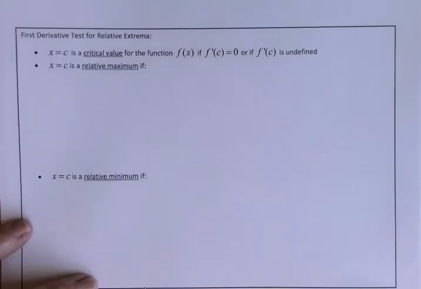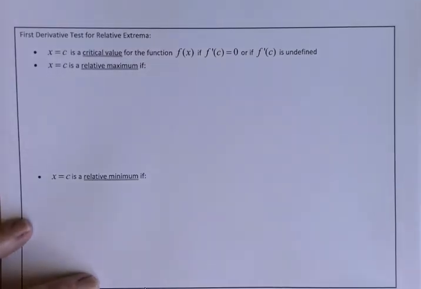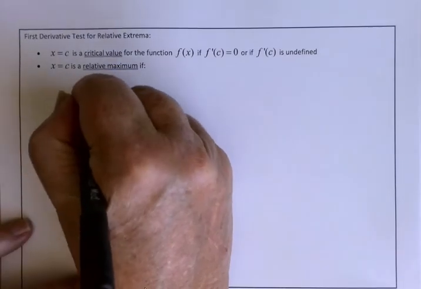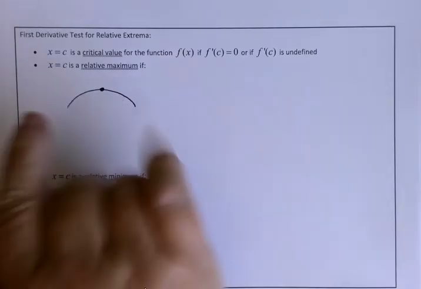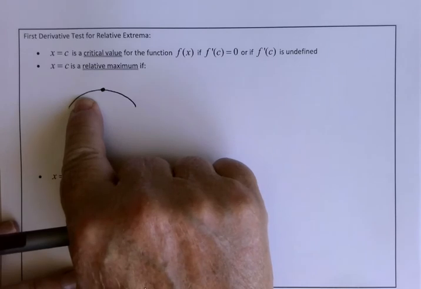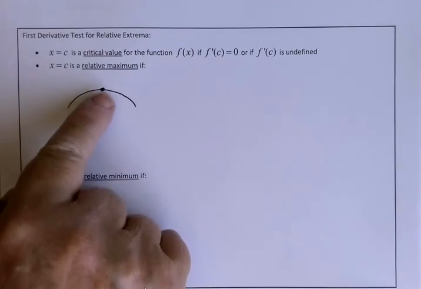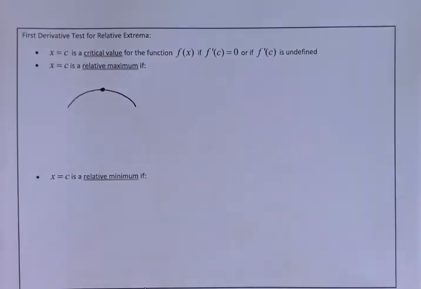x equals c is going to be a relative maximum, right? Let's just think about this for a moment. If the derivative is positive on the left side, uphill, negative on the right side, downhill.